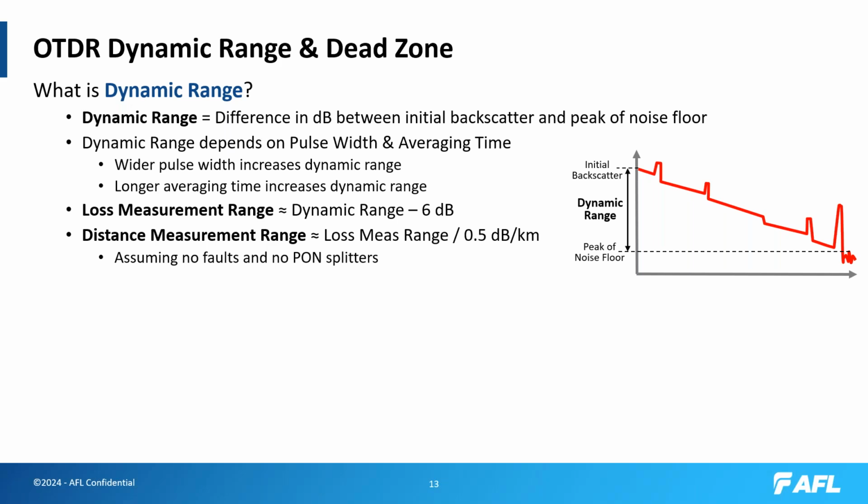Now at longer wavelengths, you recall I indicated that the loss per distance is lower. So on 1550 nanometer networks, you may be able to go further. You certainly should expect to be able to measure further down a long fiber at 1550 than at 1310. And you're not as likely to have 0.5 dB per kilometer. It may be more like 0.3 dB per kilometer at 1550 nanometer, assuming you have good splices through your network.